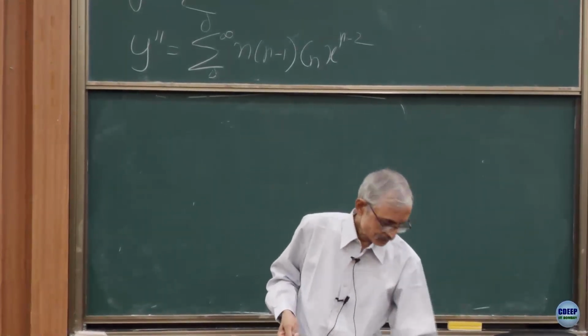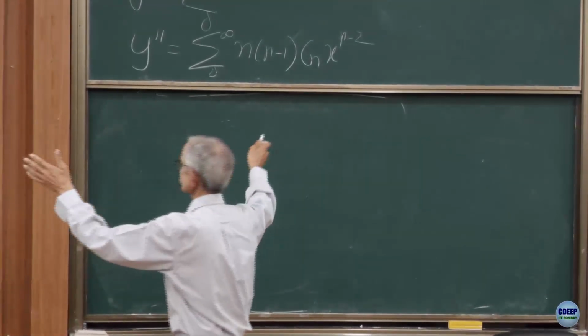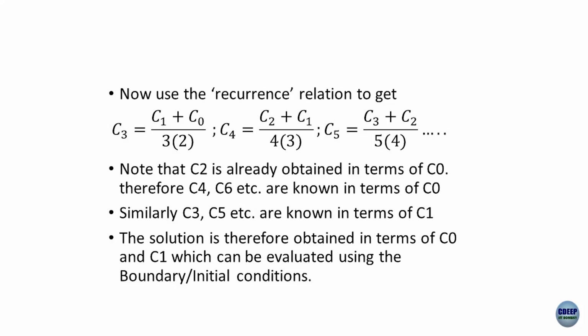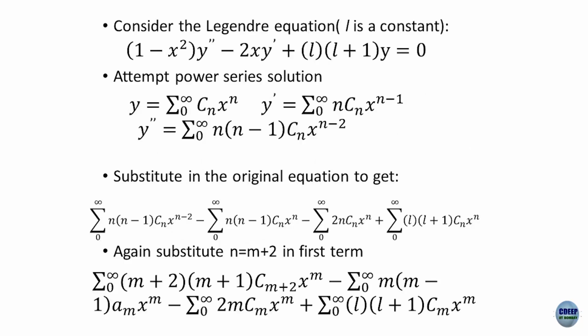So this, of course, you can do. Now we have the recurrence relationship for C3, C4, C5 and so on. You can go ahead and obtain it, and you're going to get the final solution in terms of C0 and C1. And you can evaluate your C0 and C1 using the initial or the boundary conditions. Okay, we take one more example.